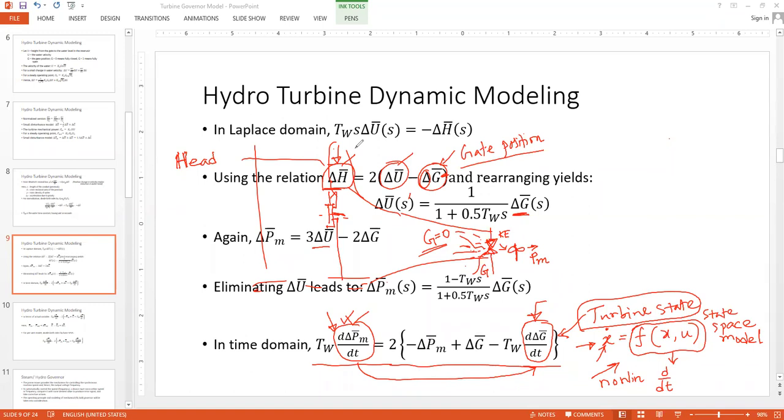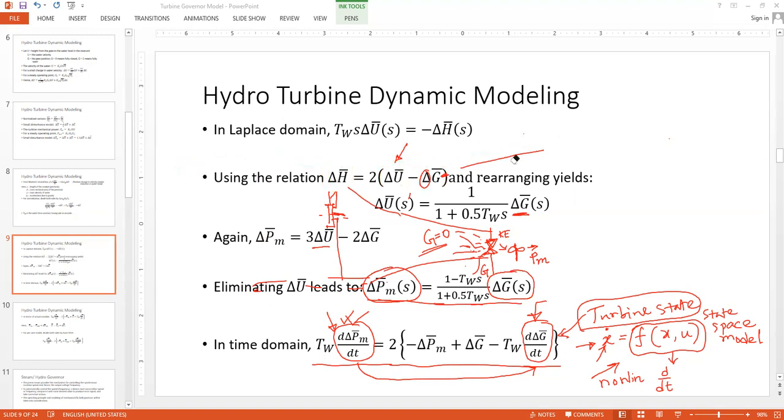Ultimately, we didn't actually use U. We took the U term out of our representation in this equation. So the final equation was actually a transfer function between the change in gate position and the change in mechanical power. Okay, so this was the relation.